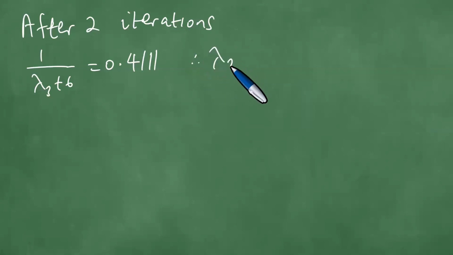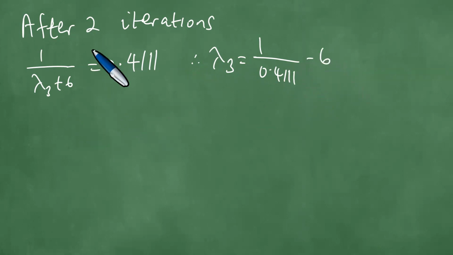Lambda 3: 1 divided by 0.4 minus 6. Okay, we take the reciprocal of this and then we solve for lambda 3 from this, making it the subject of the equation, and that gives us minus 3.5676.